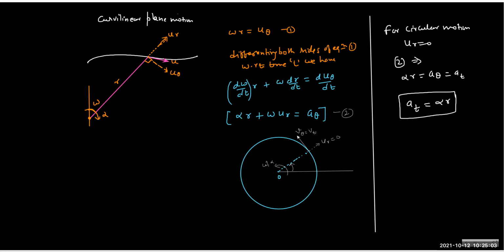Why? Because the a theta is the same as at. Okay. So what is a theta? Du theta by dt. But in case of circular motion, the u theta is the same as u tangential. That's why both are the same thing. So they do not mean different things, but they become one.